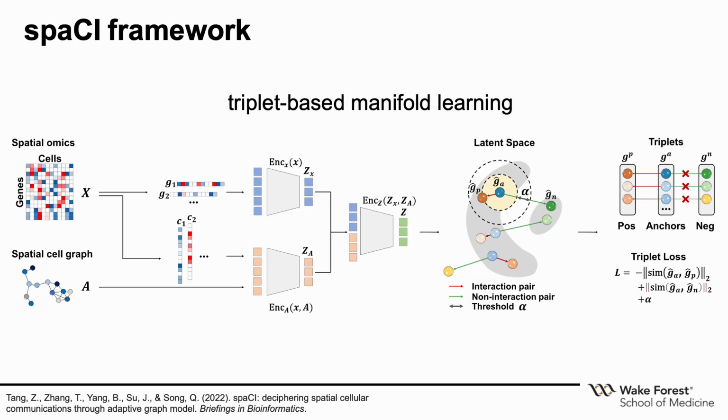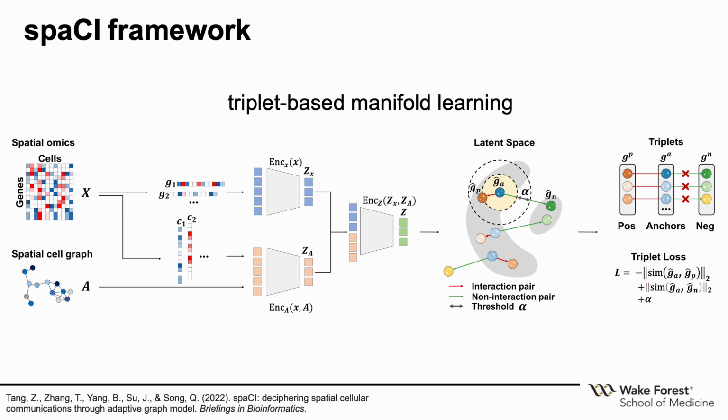Our SPARCY model projects genes into a latent representation through two components. One is the gene-based linear encoder, the other is the cell-based attentive graph encoder. Here, both gene expression patterns and the spatial relations between cells are incorporated into the latent space. The model is then trained through triplet loss learning. Here, we assemble positive, anchor, negative gene triplets from the interaction and non-interaction pairs.